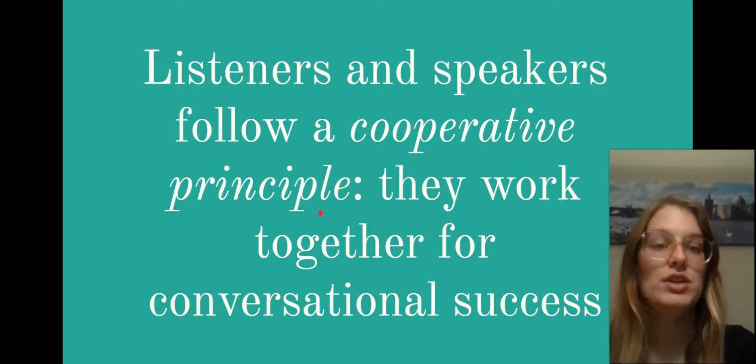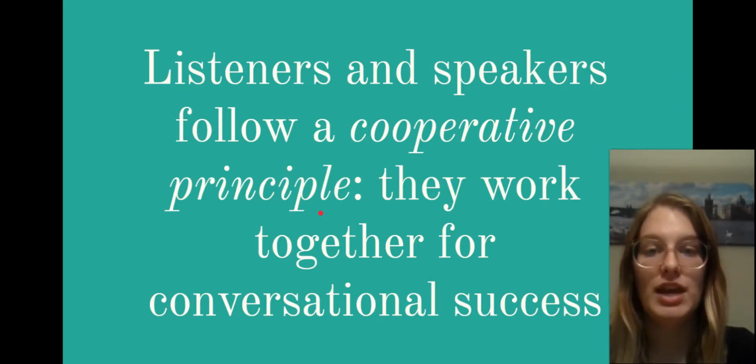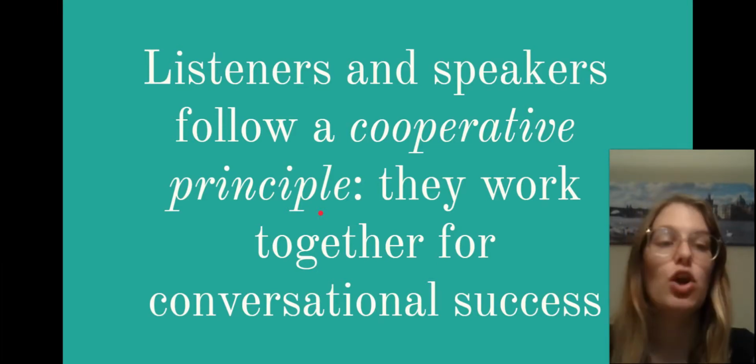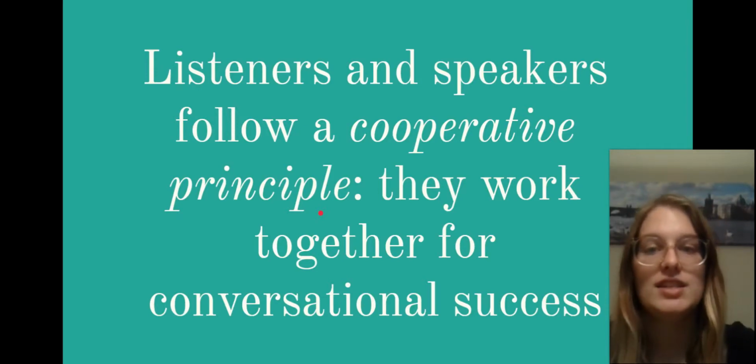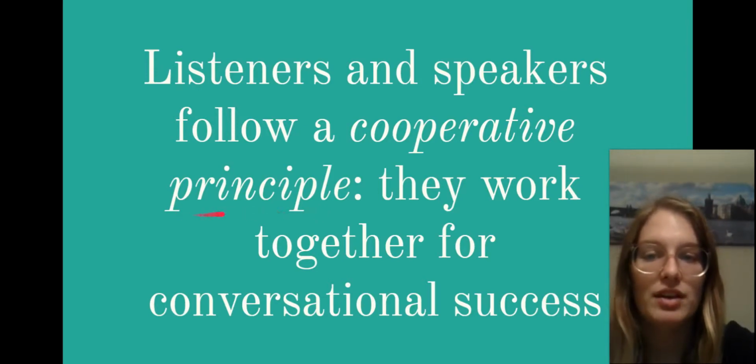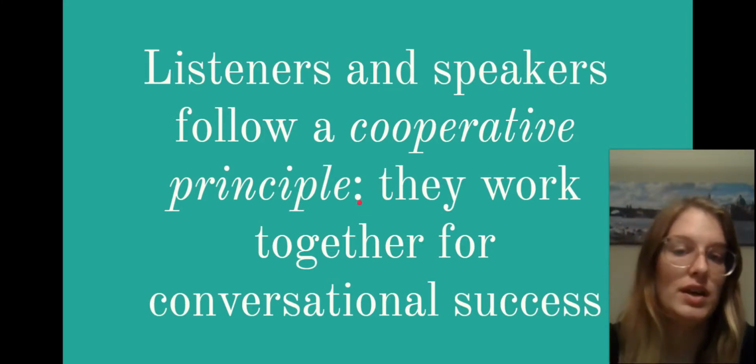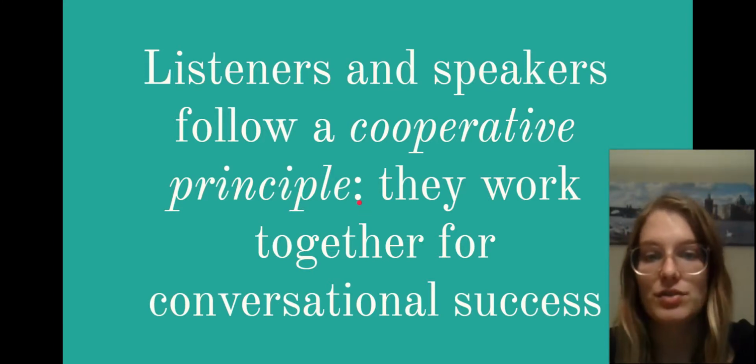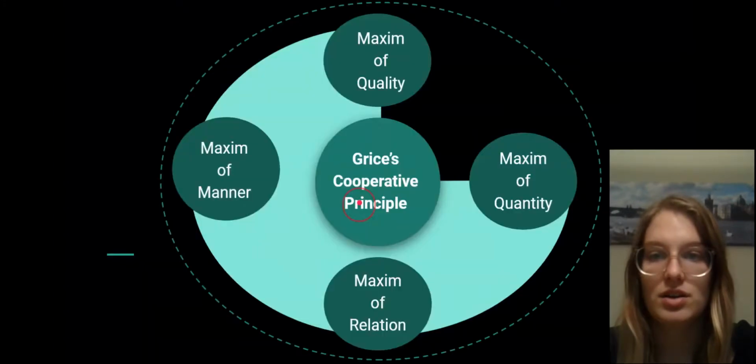So they are going to try and do their best to be as clear as possible, avoid breakdowns in communication as much as possible because they're cooperating together. And this is a principle that Grice believed was key to being successful in a conversation.